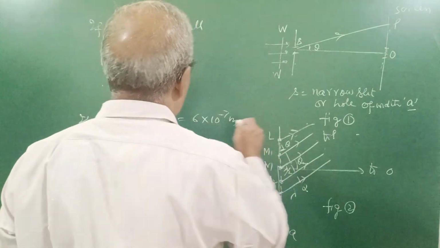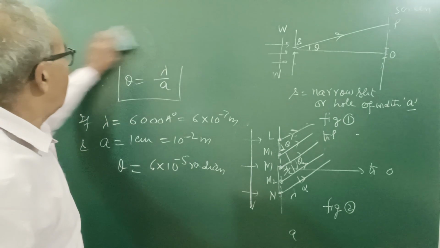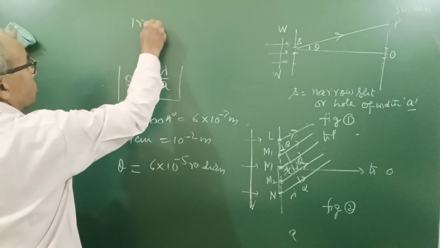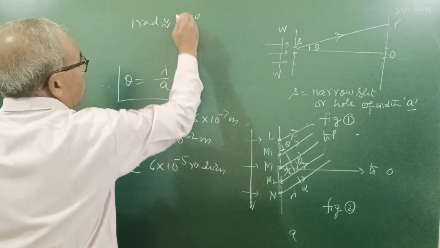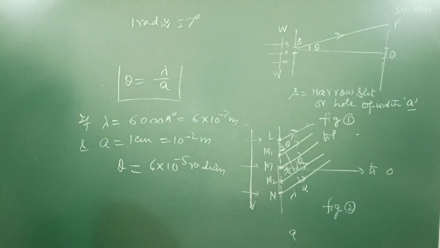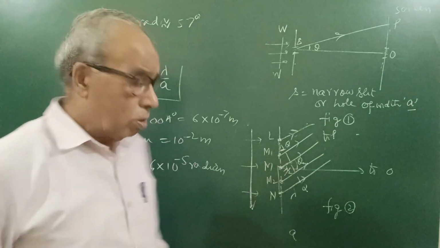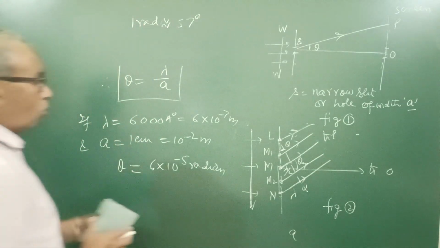Remember that 1 radian is nearly equal to 57 degrees. So this angle is too small to be observed.